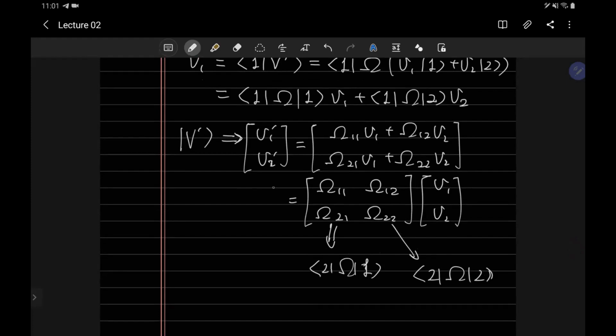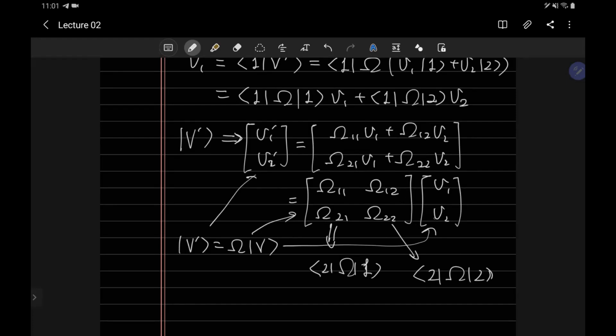So even though this entire situation represents v prime equals omega v, each of them properly corresponds to these column vectors and the matrix. So that's why we can say that abstract vectors and the abstract linear operator can always be represented in terms of matrices and column vectors.